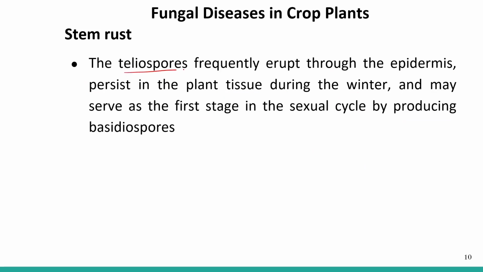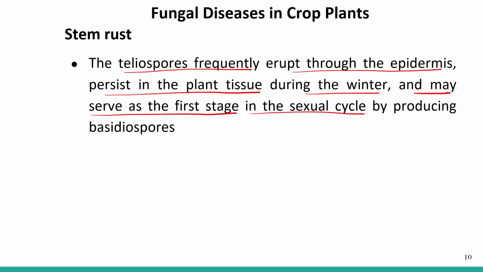The teliospores frequently erupt through the epidermis. So they come out of the epidermis and persist in the plant tissue during the winter and may serve as the first stage in the sexual cycle by producing basidiospores. So there is sexual reproduction in this fungus. There is a karyogamy process in the teliospores. After the karyogamy, the basidia are there.